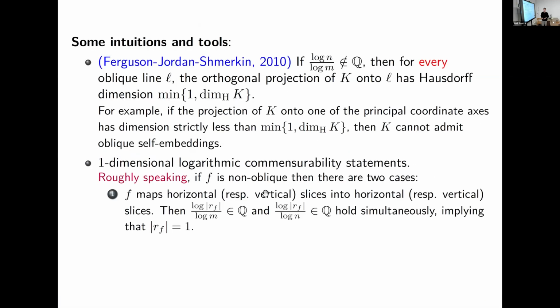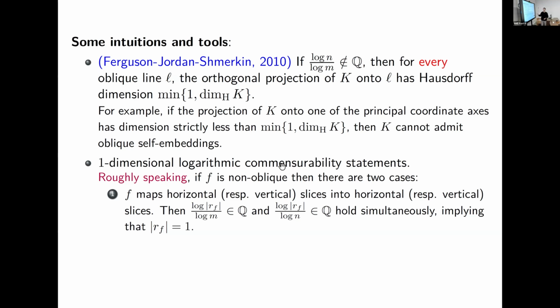But this one tells us that since we have some one-dimensional commensurability here, and the embedding maps horizontal slices into horizontal slices, then looking at some particular horizontal slices, we can show that the contraction ratio of that embedding map is a rational power of n.